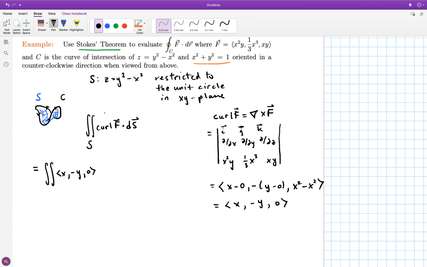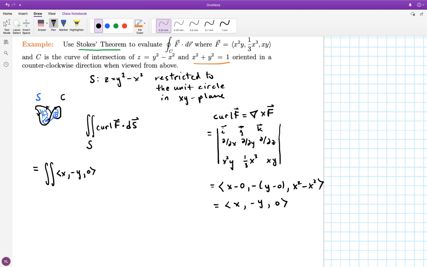I think what I'm going to do to start is, since the surface is described as a function, so z is a function of x and y, I'm going to use the easiest parameterization I can think of, which is just letting x and y be the parameters themselves. And I'll tell you, when you do that, take a look at the surface.